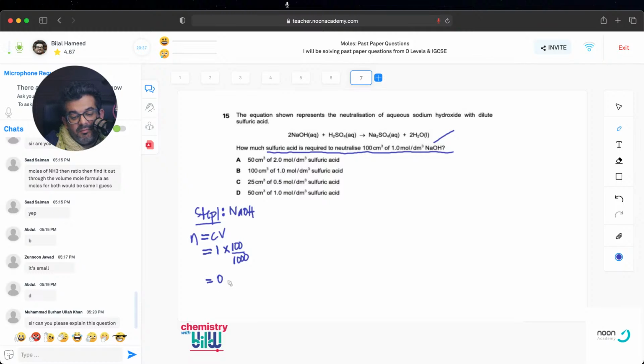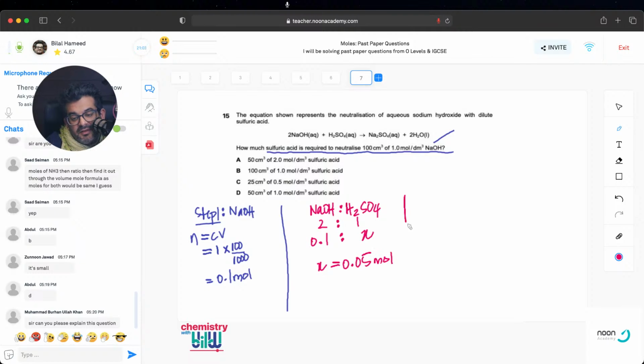This comes out to 0.1 mole. Then the second step is the equation. NaOH is to H2SO4. The coefficients are 2:1. So 0.1 would react with what? If you cross multiply, 0.05 moles of H2SO4.